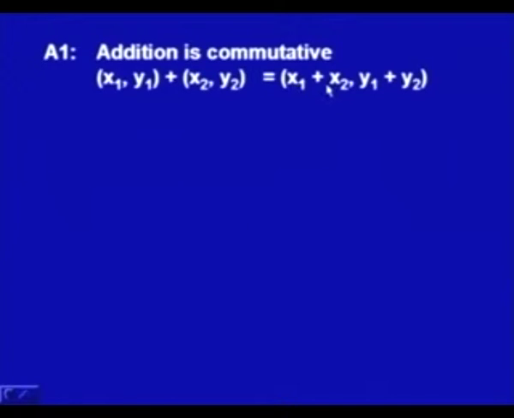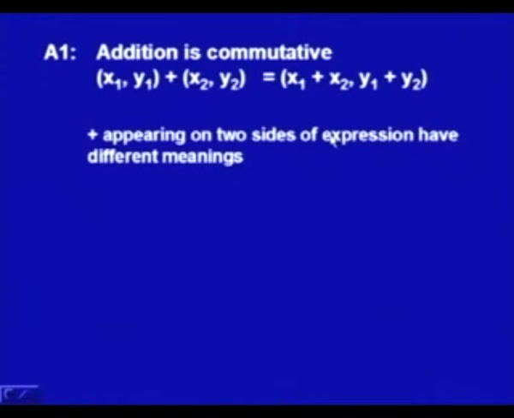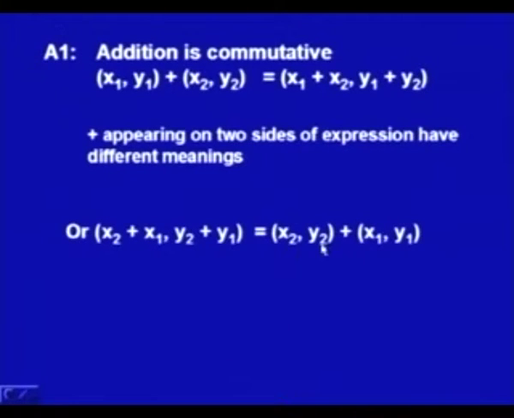So, x1 plus x2 and y1 plus y2 can be written as x2 plus x1 and y2 plus y1. Now, here one may notice that the plus on the left hand side and the plus on the right hand side have different meanings.